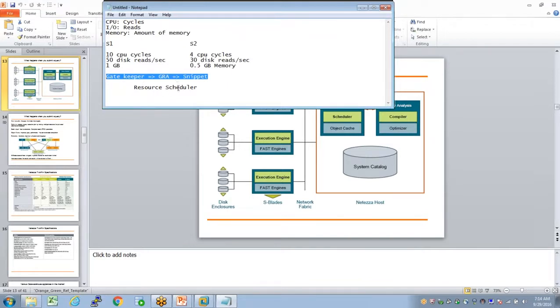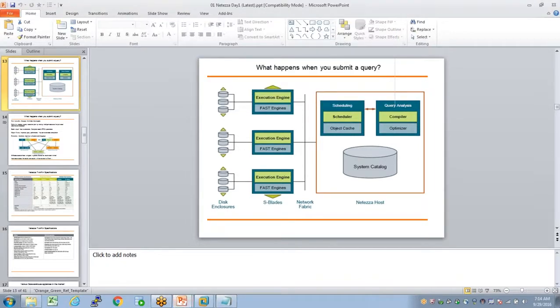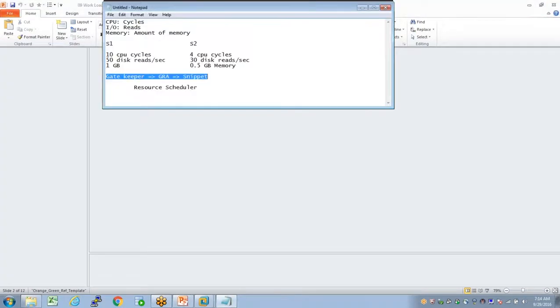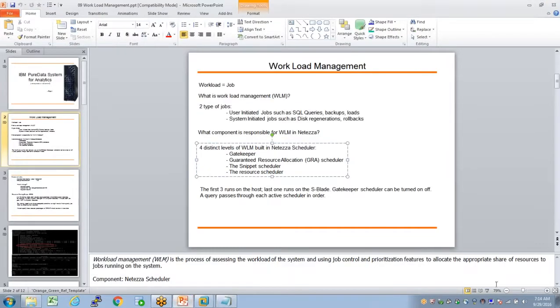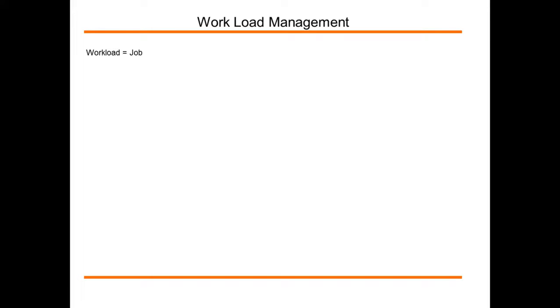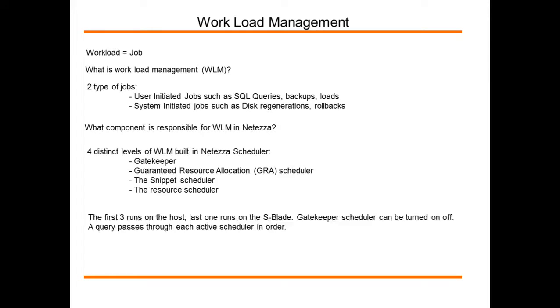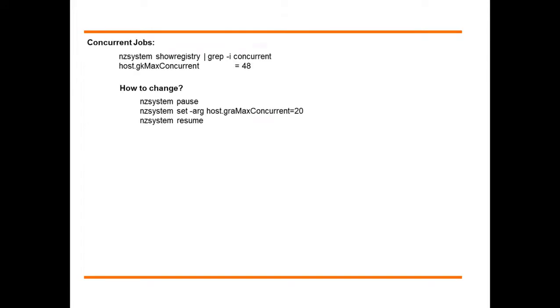Before we understand each one of it, it's important for us to understand some terminology. So what is the terminology? Let's look here. The first one is concurrent jobs. How many simultaneous jobs can I submit in the Netezza system?